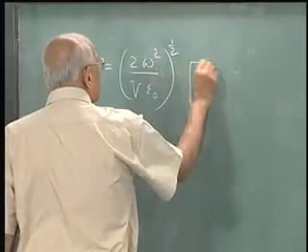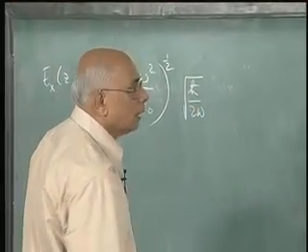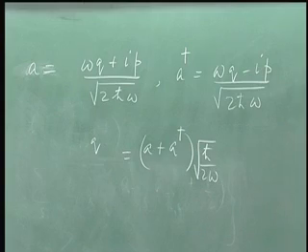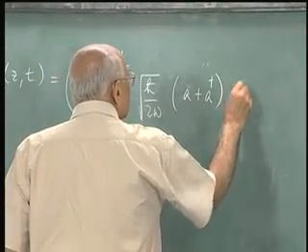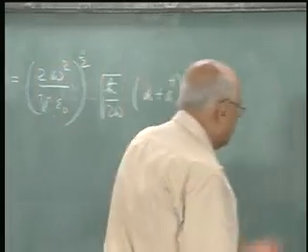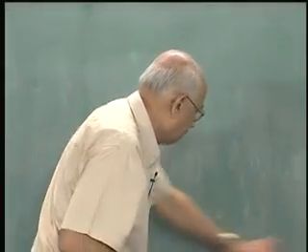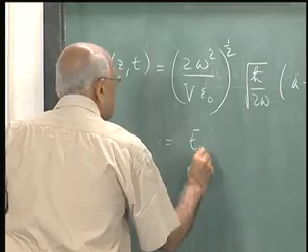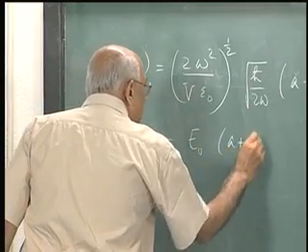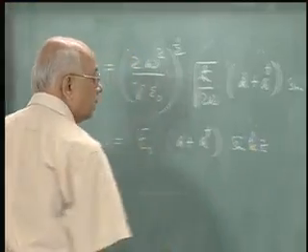Root h cross over 2 omega, a plus a dagger, sin kz, which is equal to some amplitude, let me call it just E naught. The operator part I want to retain, sin kz.